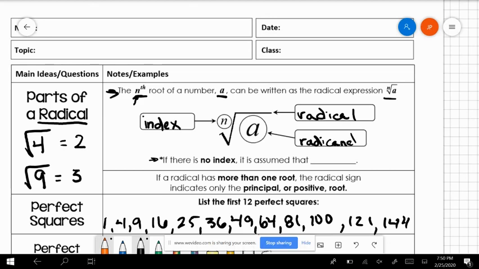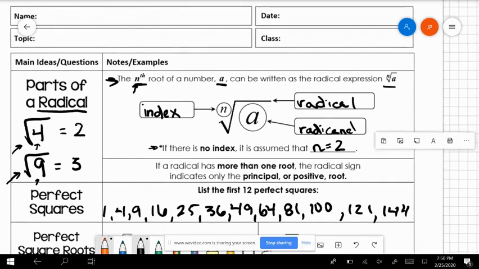What's important to note is down here there's this little asterisk that says that if there is no index, if it's blank, like the ones that I wrote over here, we're assuming that n is equal to 2. That's just assumed in the mathematical world: if there's nothing there, I'm taking the square root of this number, like for those examples that I have with 4 and 9.